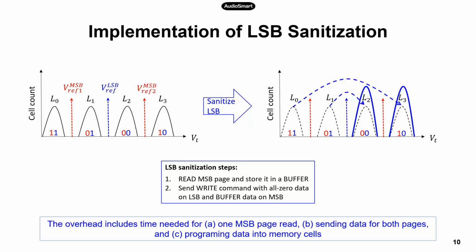The magnitude of the overhead in this process is still lower than the overhead when you have to copy multiple valid pages to a new block. Our proposed method comes with a smaller magnitude of overhead time.